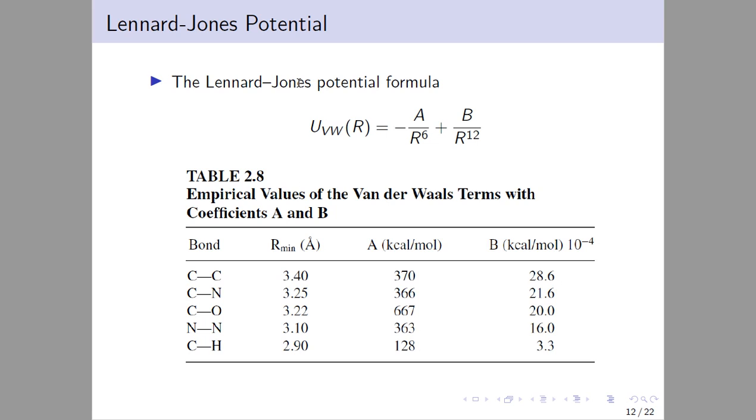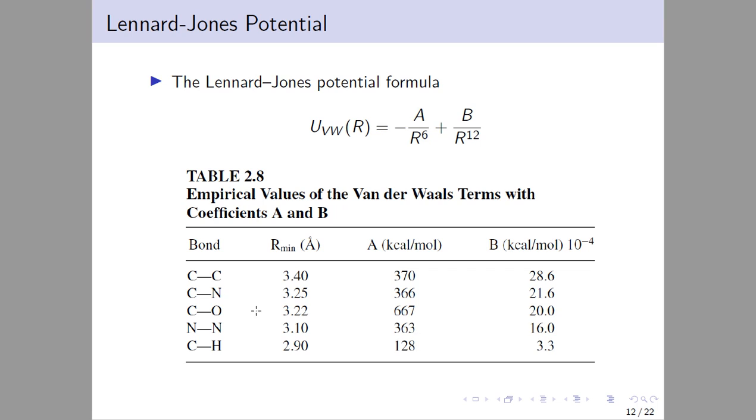When we simplify, we get the Lennard-Jones potential formula: A over R to the power of 6, where R is the radius or the length, plus B over R to the power of 12. You can see this from your chemistry, I believe. These are the values for A, for B, and for R for some types of bond.